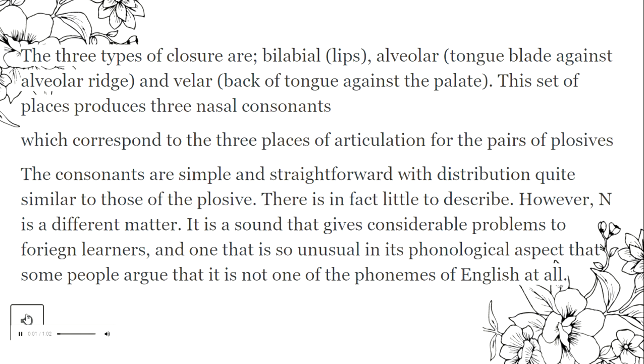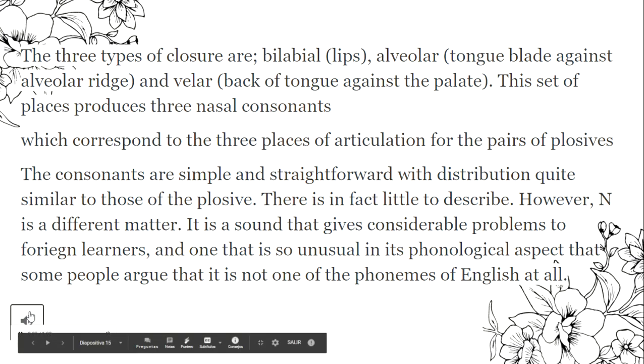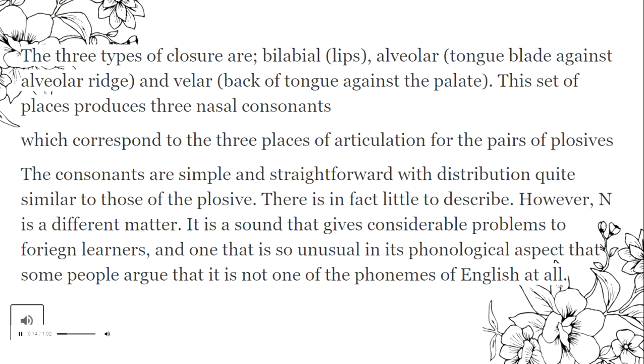There are three types of closure. One is the bilabial, that is the lips. The second is the alveolar, that is the tongue blade against the alveolar ridge. And the third one is the velar, the back of the tongue against the palate.